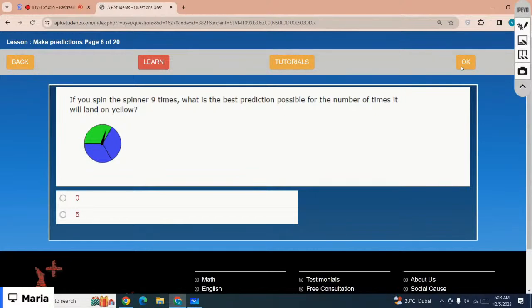The correct option is zero times because you don't have any yellow portion on the spinner. The correct option is zero, right?